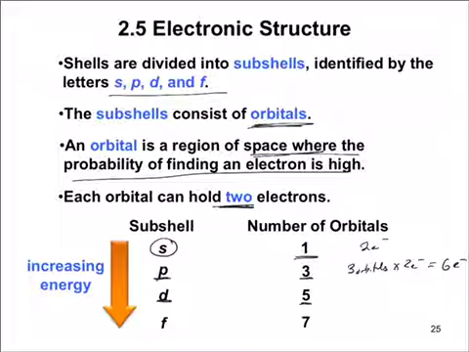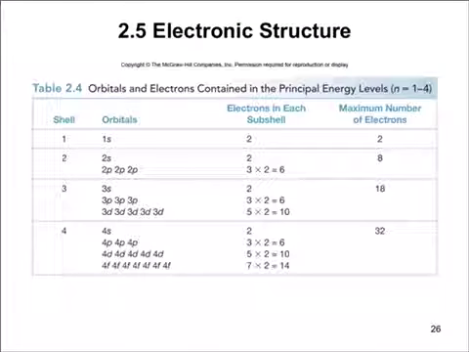Ds have 5 orbitals, so that can hold a total of 10 electrons. Fs have 7, or 14 electrons as a capacity. So for energy levels 1 through 4, we have our N level, our shell level, and the orbitals that sit in that shell.